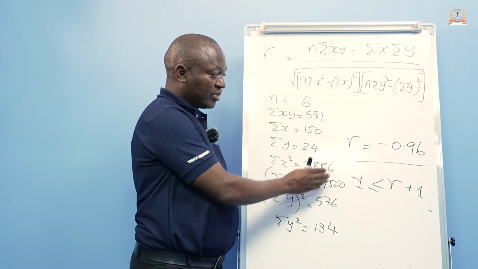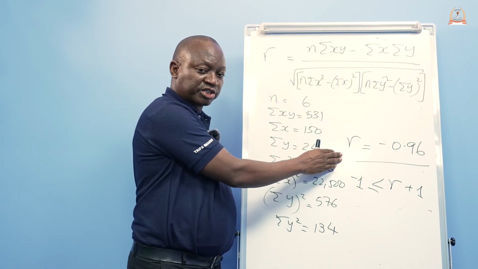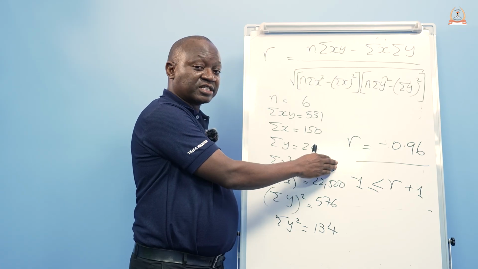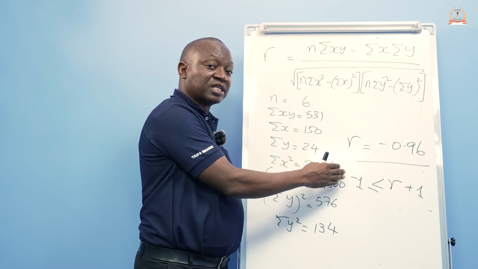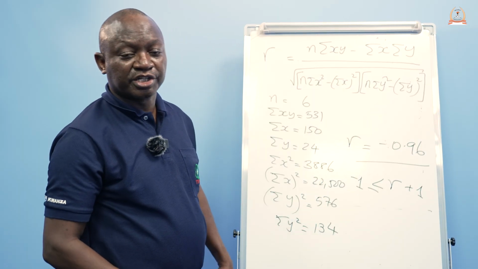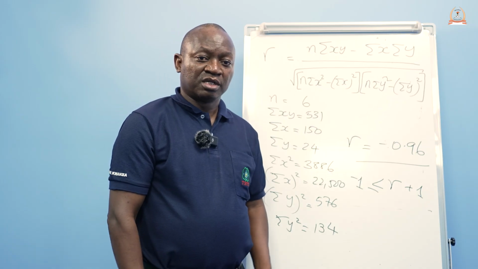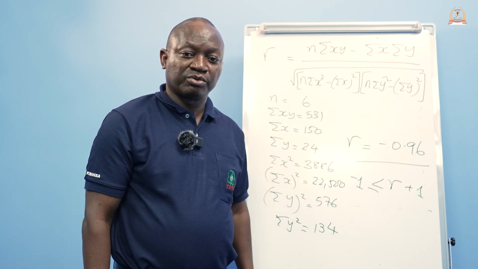So this tells us the strength of the relationship, that there is a strong relationship, but also the direction, which means there's a negative direction. So that's what the correlation coefficient really can offer up to this point.